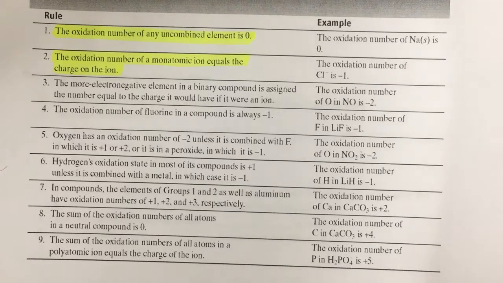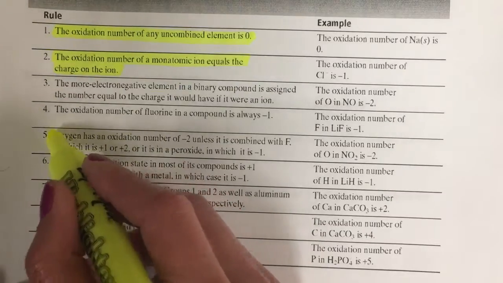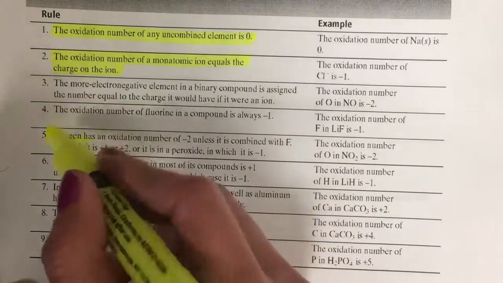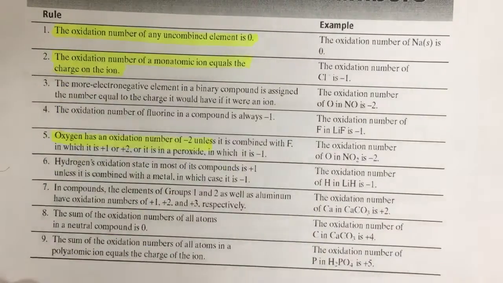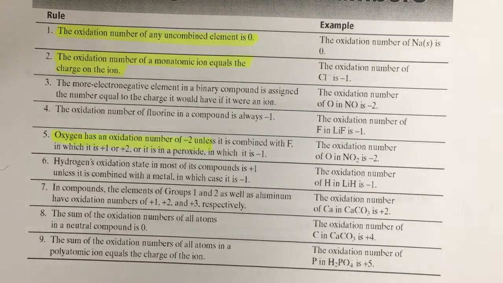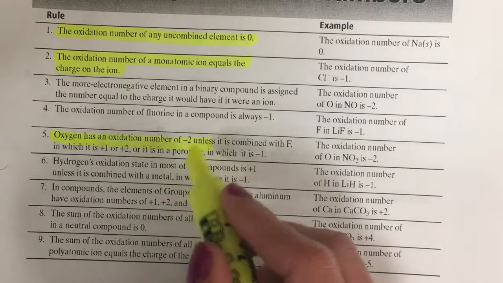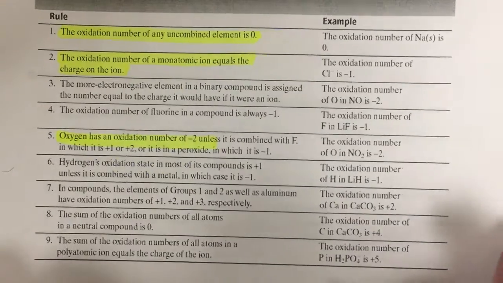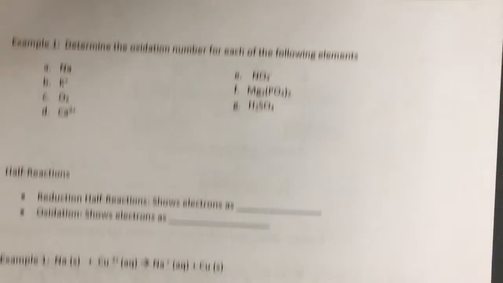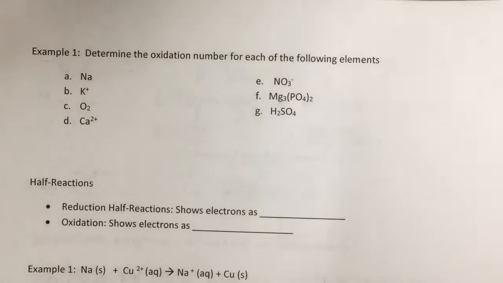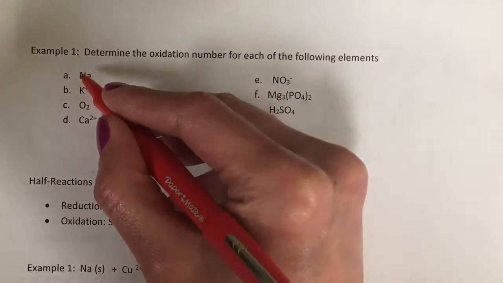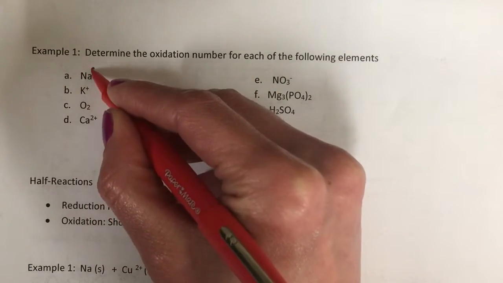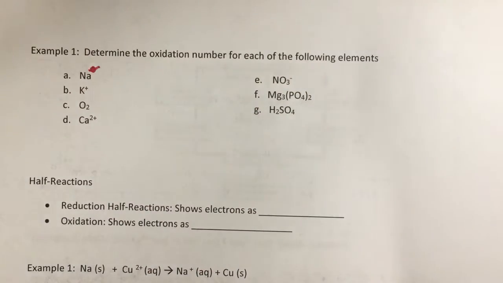And then I can usually look for oxygen. Now, oxygen, whether it's an ionic compound or not, is usually a -2. The only exception is when it's that peroxide ion. Okay? So here's the way oxidation numbers work. Sodium, as a regular element, has an oxidation number of 0.